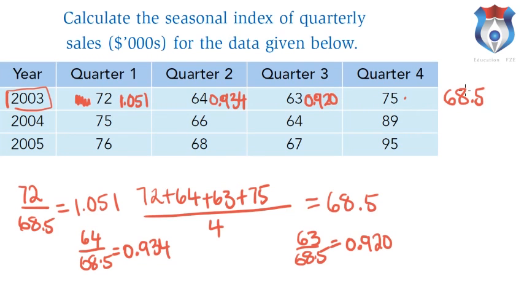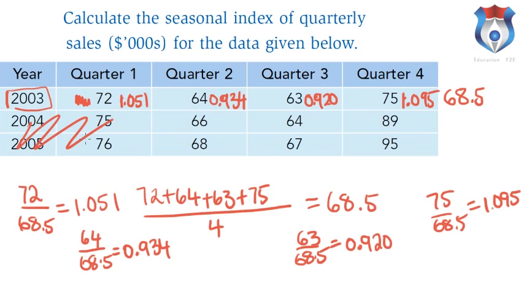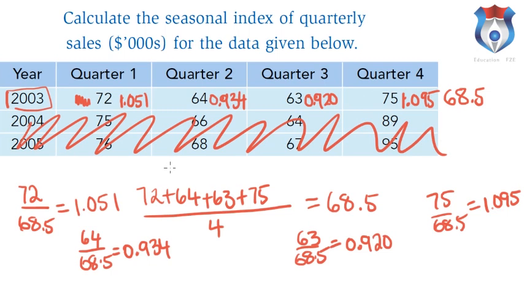And 75 divided by 68.5, 1.095. Now if I just had 1 year's worth of data, if I just had 2003 and I didn't have this stuff down here, I could stop here because these numbers would now be my seasonal indices. This is a seasonal index for quarter 1 in 2003. This is a seasonal index for quarter 2 in 2003.